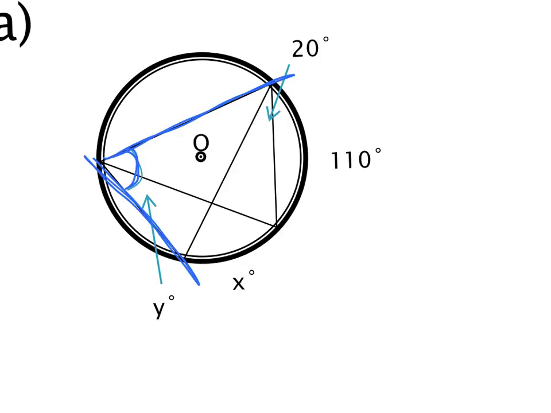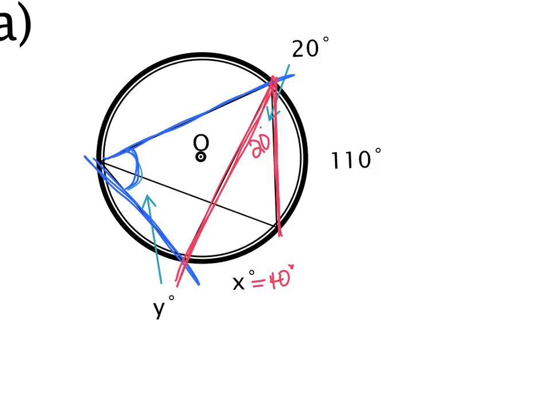And angle x is this angle here. Or sorry, not angle x, the arc is the x. The angle is 20 degrees, which tells you what about x? It's 40, it's double the angle.